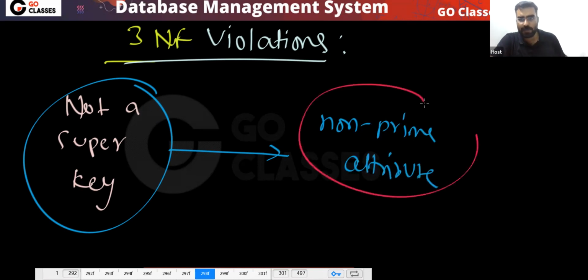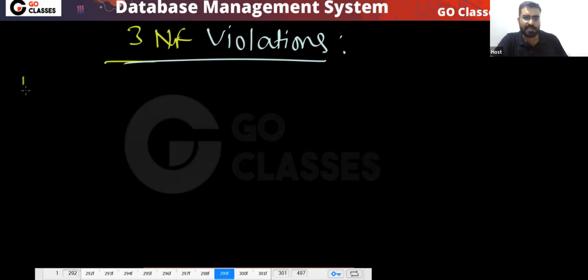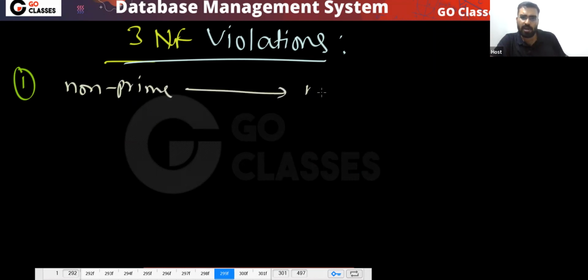Okay, so this is the problem. If you want to write the same thing in different ways, you can write like this: non-prime to non-prime is a problem. Non-prime to another non-prime is a problem.